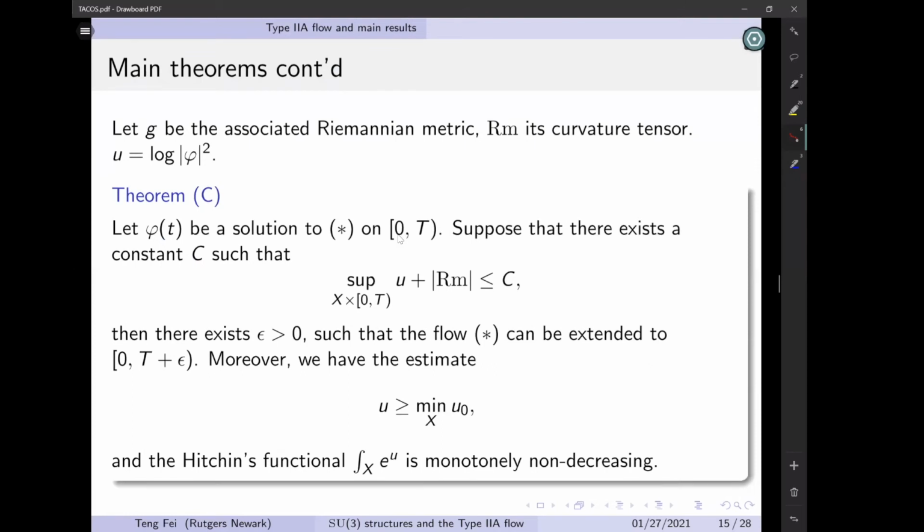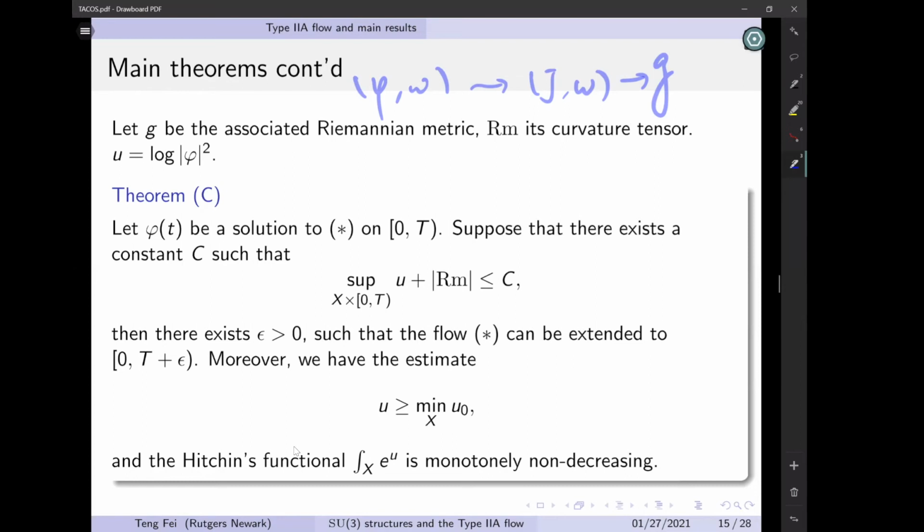To state our third main result, I need to introduce some notation. Let G be the associated Riemannian metric from our data phi: from phi we get J and omega, and this gives us this metric G. So it's a Riemannian metric.